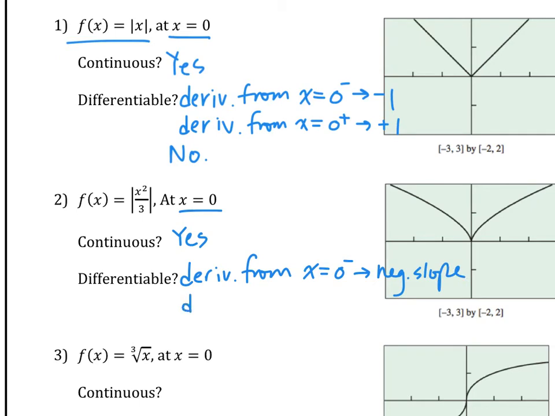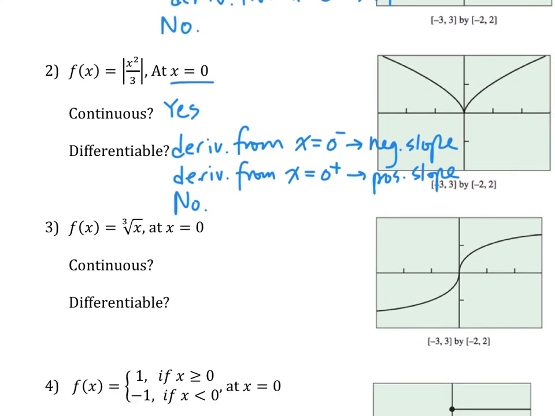And then the derivative from the positive side of 0 has a positive slope. So what does that mean about differentiability? Not differentiable.